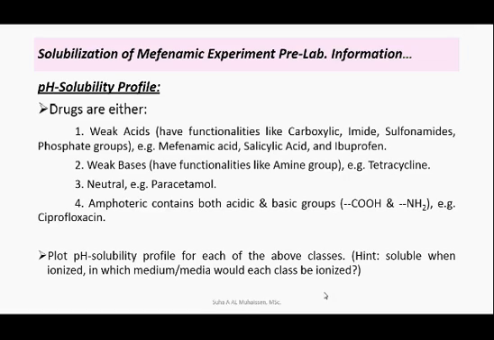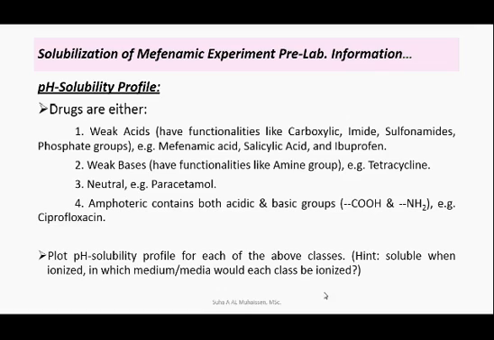Drugs are either weak acids, which have functionalities like carboxylic acid, imide, sulfonamide, or phosphate groups. Examples of these weak acids are mefenamic acid, salicylic acid, and ibuprofen. Drugs may also be weak bases and have functionalities like an amine group.